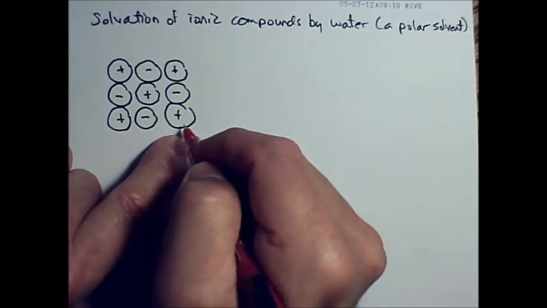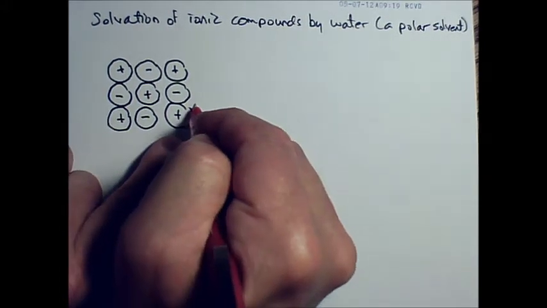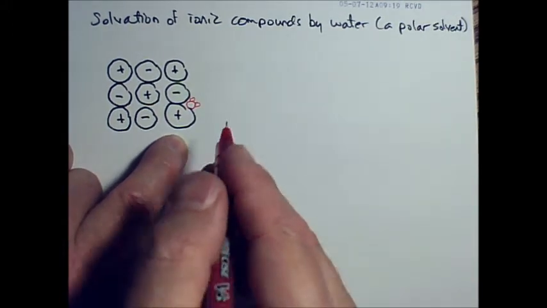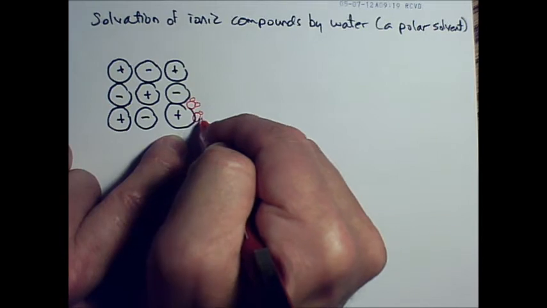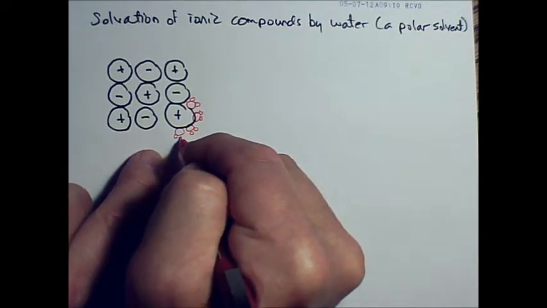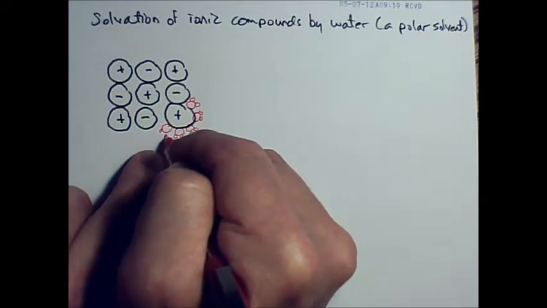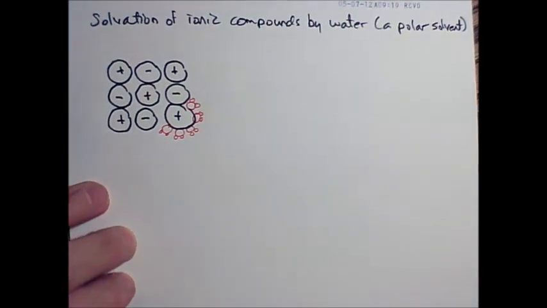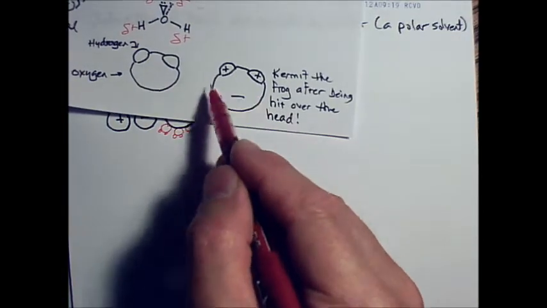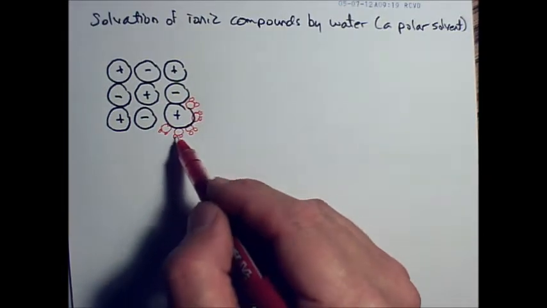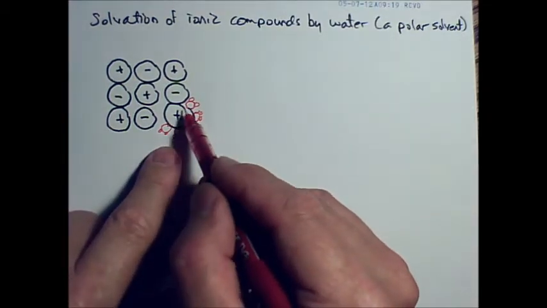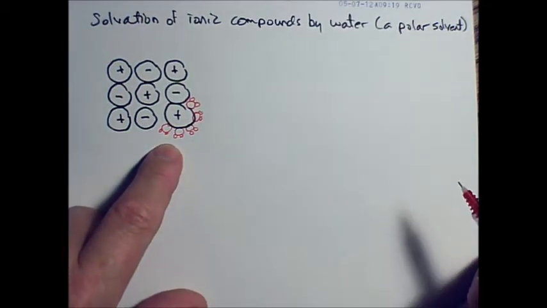So around this positive ion, I can get the negative end of water really close to that. So that larger circle is the negative end of the water molecule that's surrounding as much as it can the corner ion here, this positive ion that's on the corner.